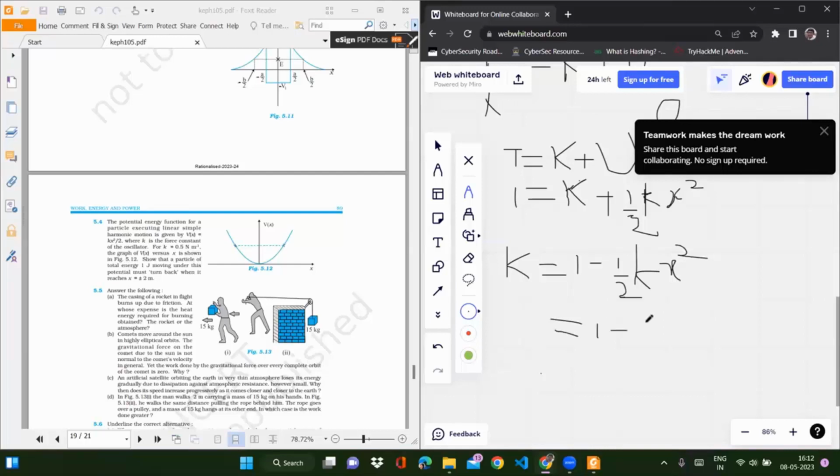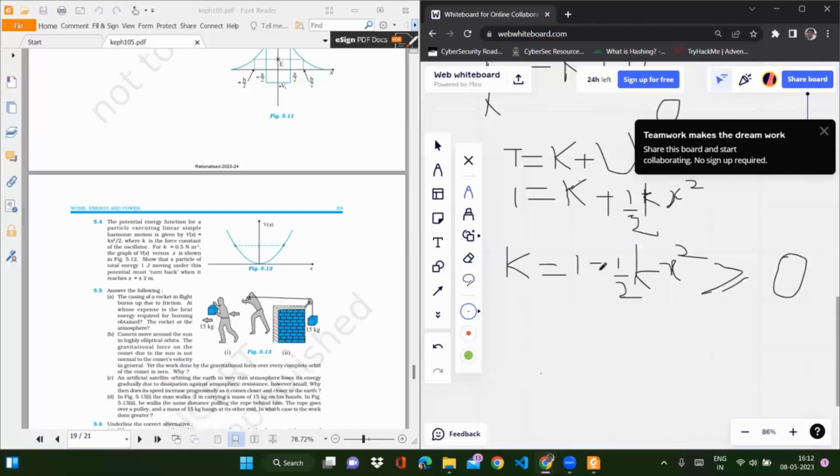Now we know that K will be greater than or equal to 0, means the kinetic energy can either be 0 or positive. It can never be negative. So we have one constraint for this equation: 1 minus half kx square should be greater than or equal to 0.